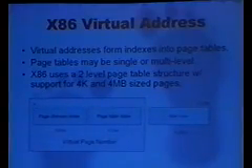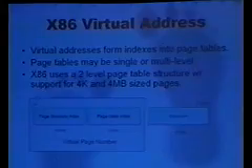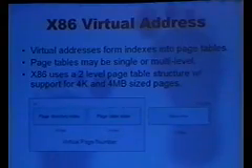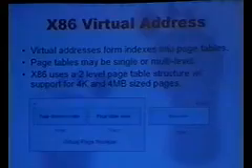There's a number of different schemes for page tables, but you can have a single level page table, or you can have a multi-level page table. As it ends up, the x86 uses a two-level paging structure, which means that it has not only page tables, but it has a page directory.